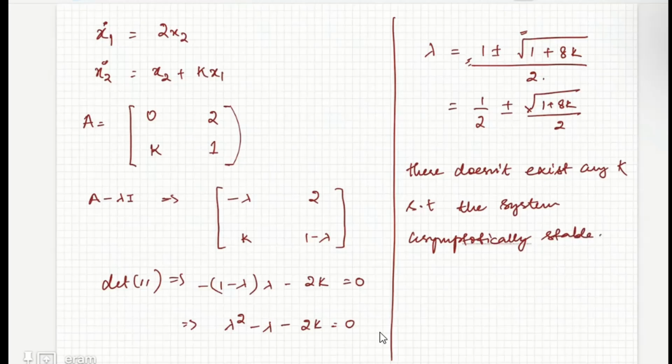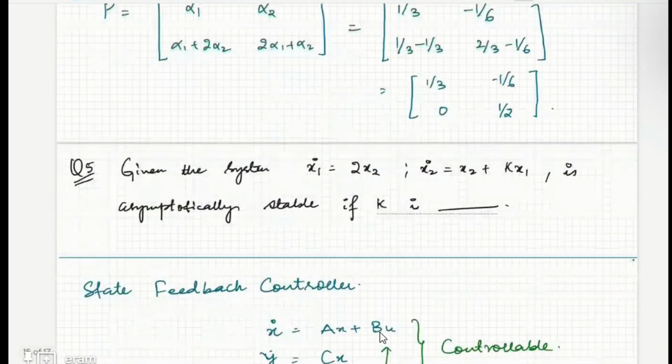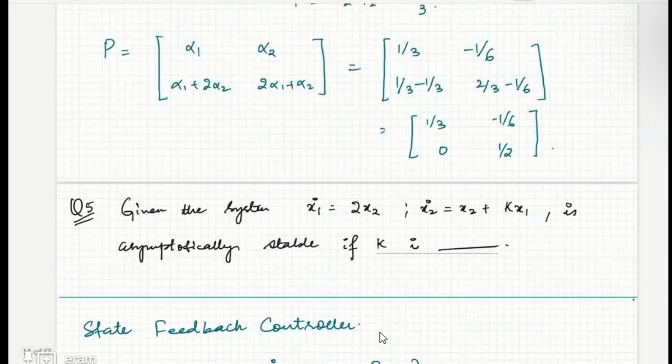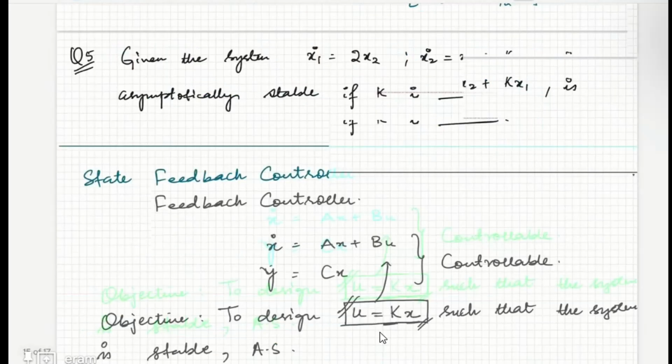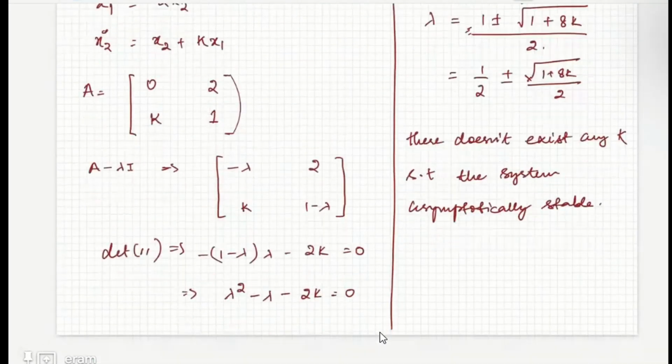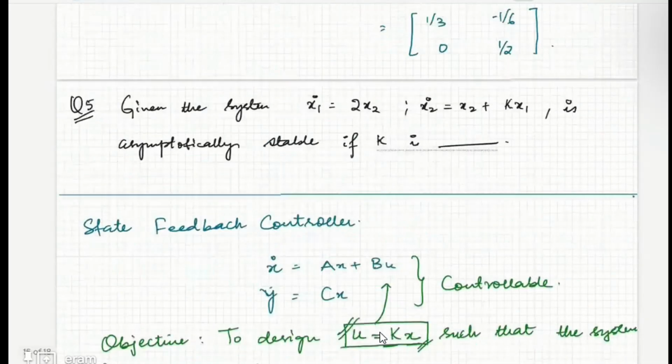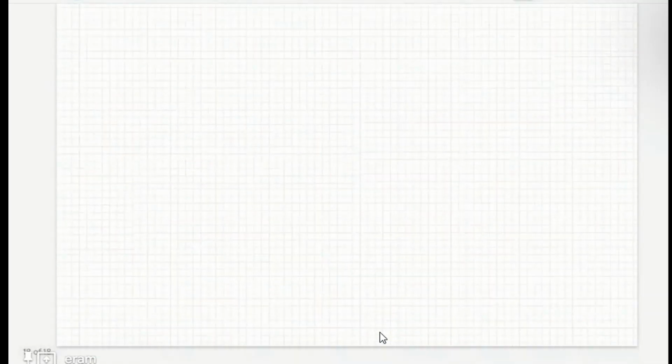So what we have concluded is that for the given system there doesn't exist any k such that this system can be stabilized to the origin. Okay. So this was question number 5. Question number 6.